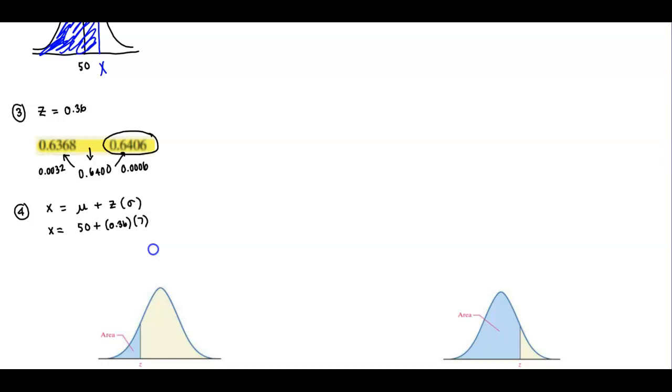When we multiply that out and add the 50, we get 52.52. Therefore, the 64th percentile is 52.52.